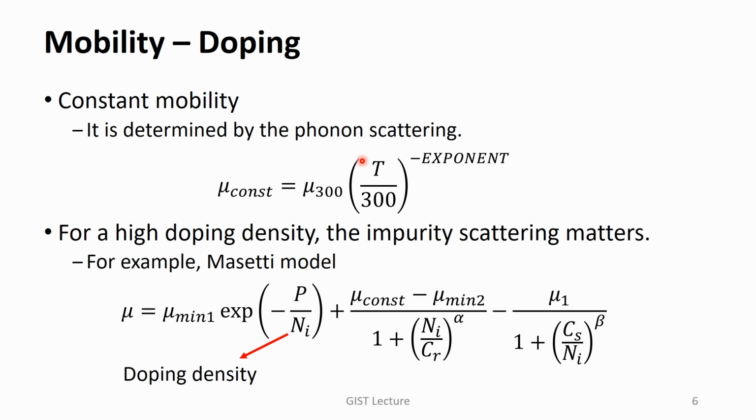Therefore, the mobility is written as a function of temperature. It is related with the intrinsic material. However, when the doping density is high, the impurity scattering plays an important role. Again, there are several models for this effect. In this slide, as an example, the Masetti model is shown.